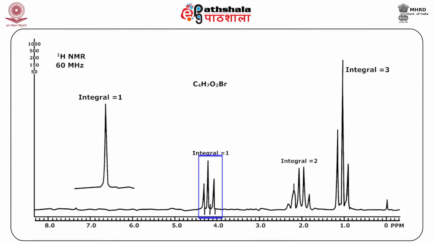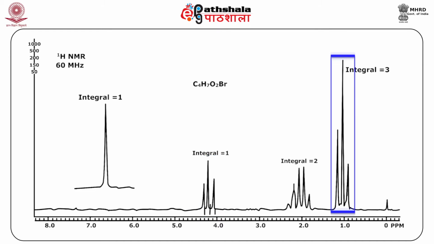A triplet at 4.2 ppm for 1 proton represents the CH-CH2 linkage, where CH is linked to a CH2 group, which gives a splitting pattern of a triplet. A triplet at 1.1 ppm for 3 protons indicates the presence of a CH3-CH2 linkage, a methyl group linked to a CH2 group.